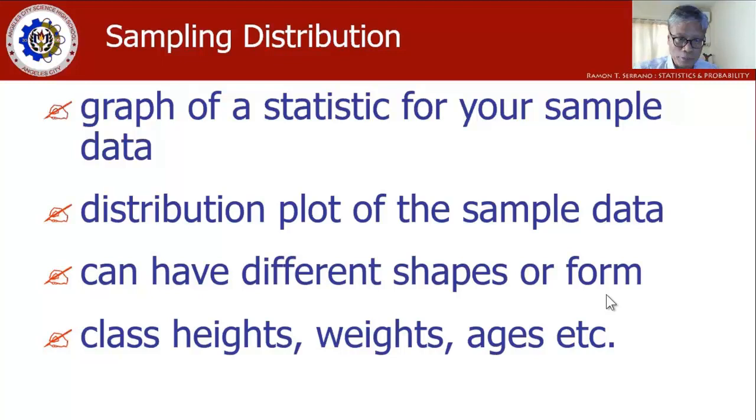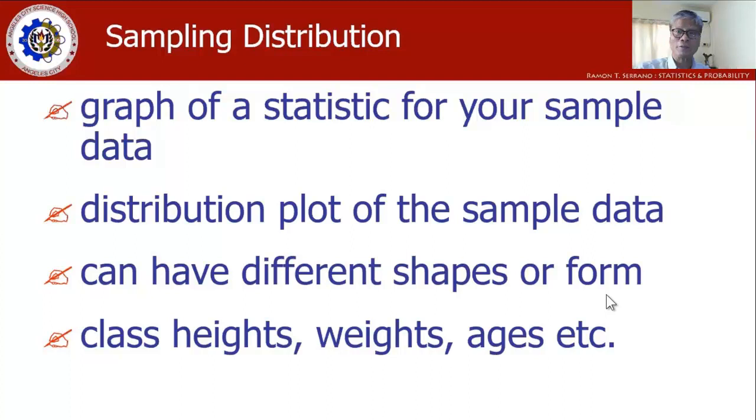So it depends on your data. Now, it is the distribution plot of the sample data. Going back, the keyword is sample data. That's why it's called sampling, from the keyword sample. And we can have different shapes or forms, as I've said. And we can have class heights, weights, ages, etc.